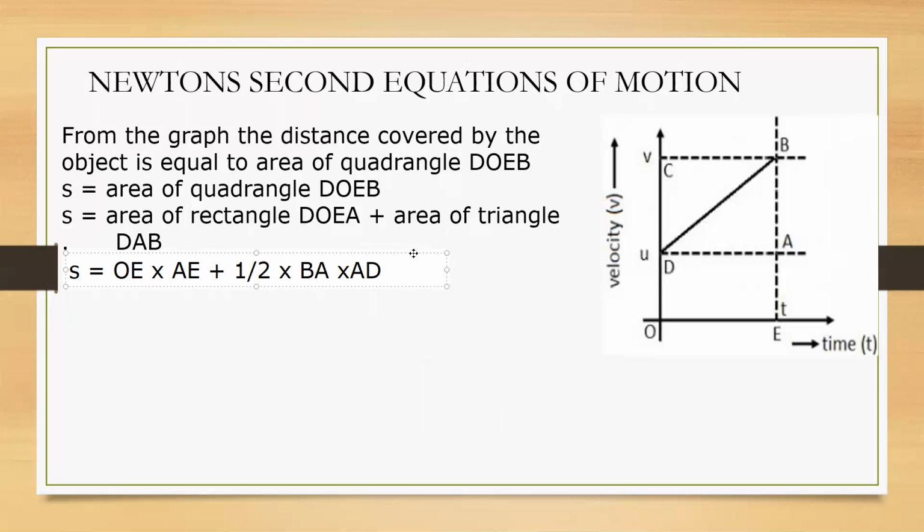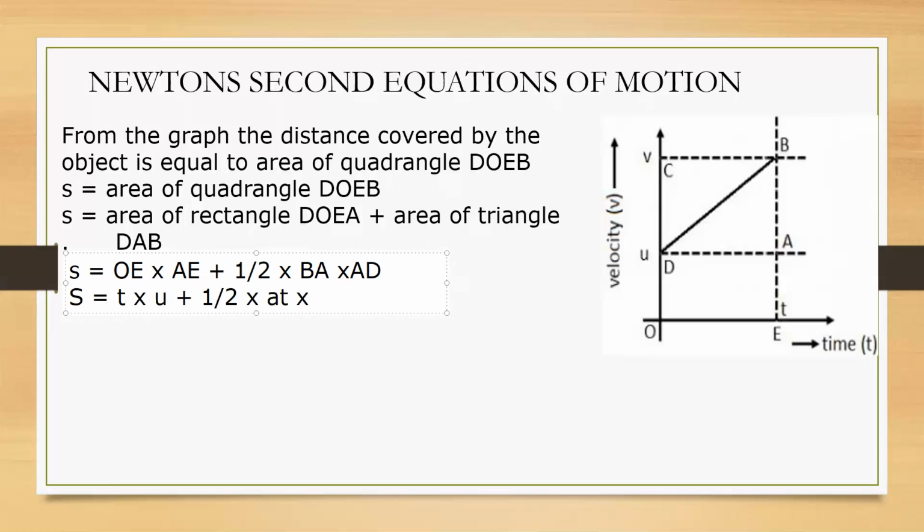Now, substitute the values. S is equal to OE, and OE will be equal to T, into AE, which is equal to OD, that is the initial velocity U, plus half into BA. BA will be equal to CD, that will be equal to AT. We have derived this in the first video, in Newton's first equation of motion.